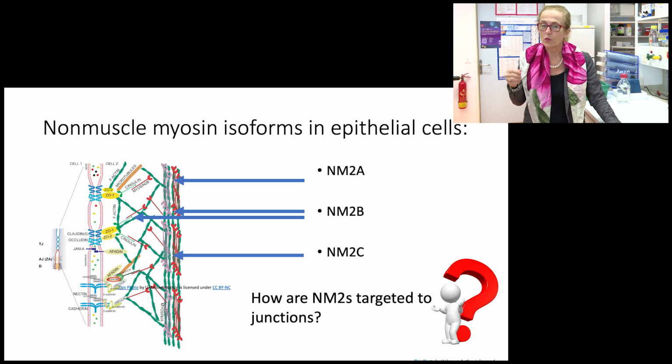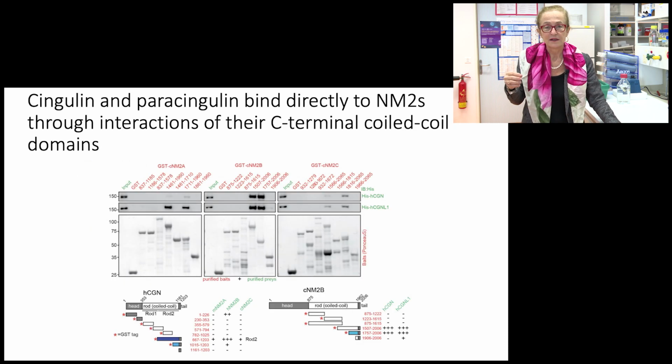So in this paper, we examine how cingulin and paracingulin are involved in the localization of the myosin and whether they interact directly. And using purified proteins, we show that both cingulin and paracingulin interact directly with specific isoforms of non-muscle myosins: 2B for both cingulin and paracingulin, 2A for paracingulin, and myosin 2C doesn't seem to bind strongly to either of them.